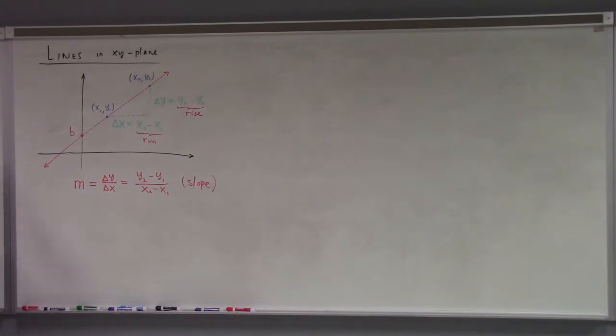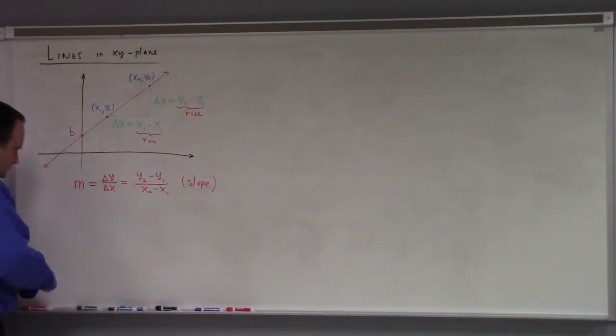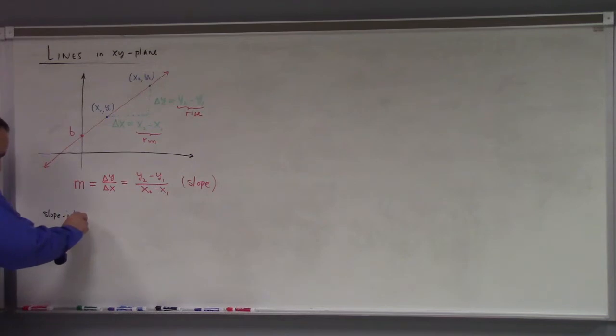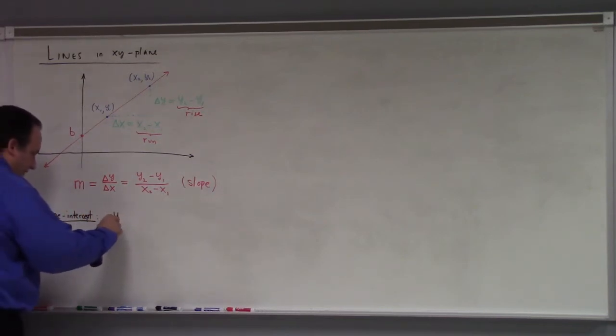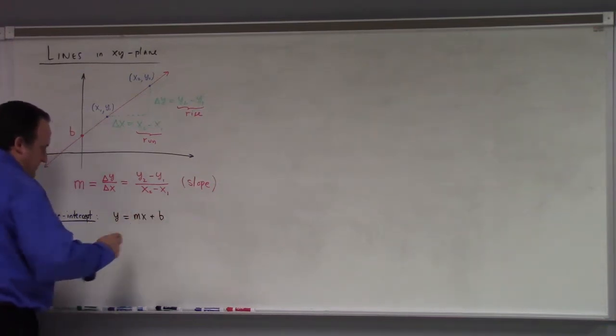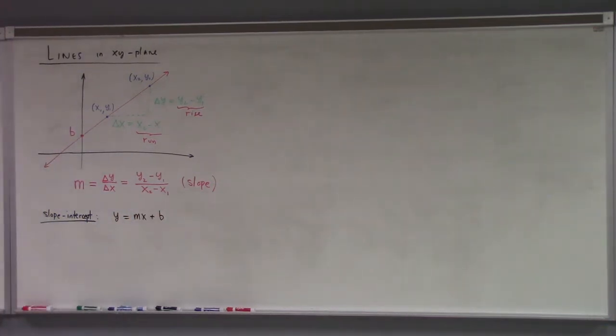And if you know that b, you can write the slope-intercept form. What's the slope-intercept form? We have y equals mx plus b. That's the slope-intercept form of the line.